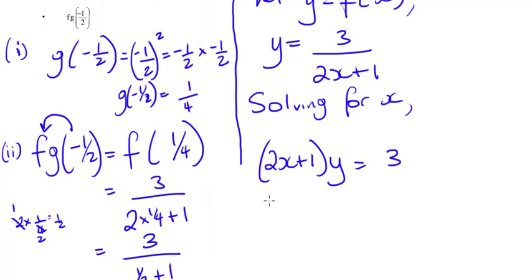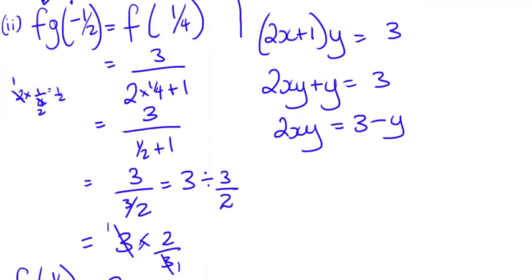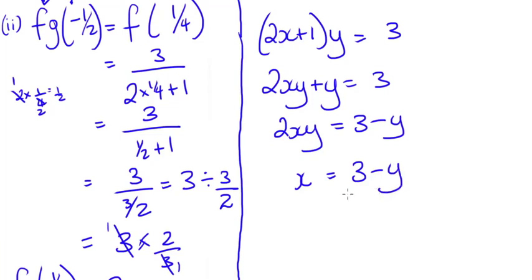Let me expand my bracket. That's going to be 2x times y, 2xy, 1 times y, that's plus y, equals 3. So that means 2xy is going to be equal to 3 minus y. I want x by itself, so I can divide both sides by 2y. x is going to be equal to 3 minus y divided by 2y.